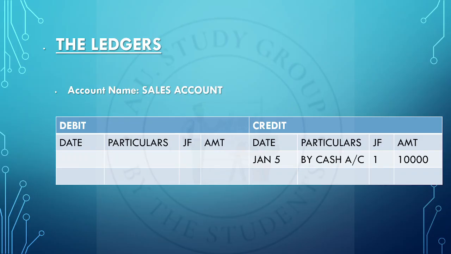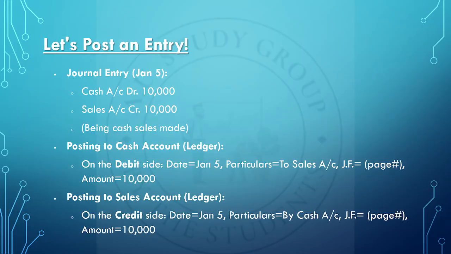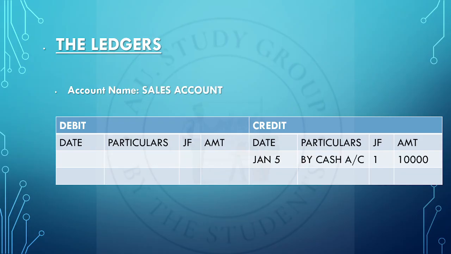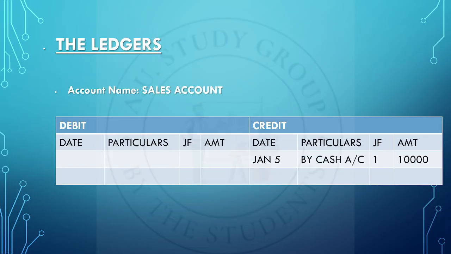Always remember that. That's also a traditional rule. Again, cash account debit to sales account: in the cash account ledger you write "To sales account", amount 10,000. In the sales account, the opposite entry, "By cash", is credited, 10,000.